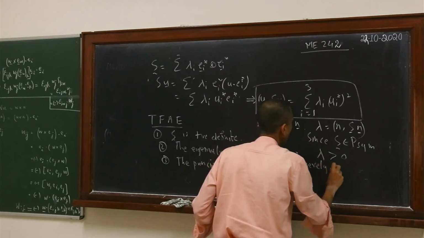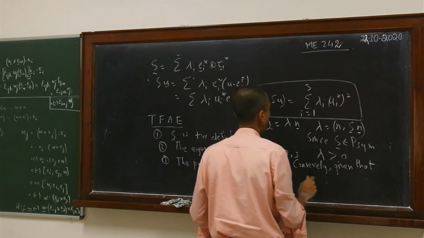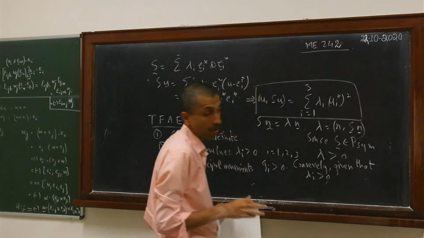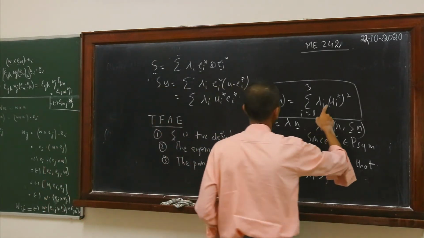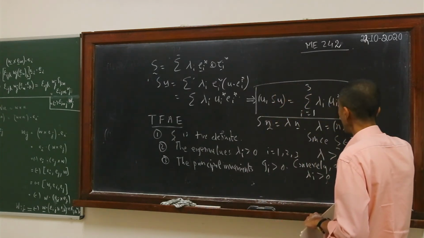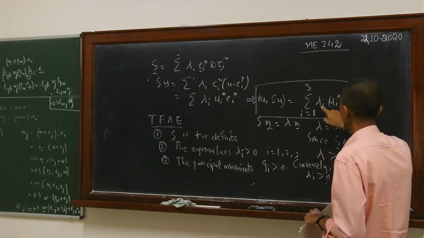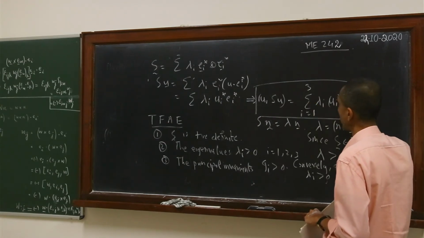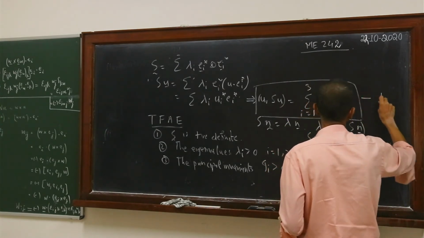Conversely, given that λ_i are greater than 0, that means all three eigenvalues are greater than 0. Then you can see that this is always going to be greater than 0. If you take a non-trivial u, then because the λ are greater than 0 and the squares are also positive, the sum of positive numbers means (u, Su) is going to be greater than 0. Let us call this star.